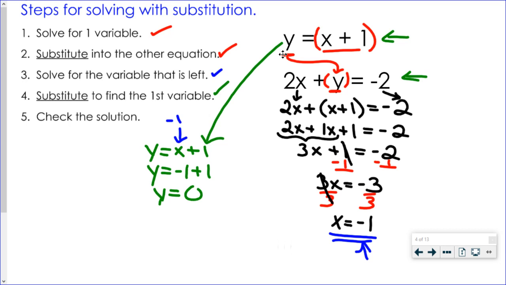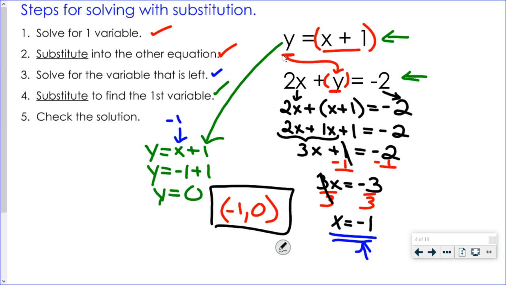Now, this isn't a step, but technically, now I have an x and I have a y. My answer is still an ordered pair. This is my answer, and remember that's an x and a y. Okay, so that's like where the two lines would cross on a graph, and then I want to just substitute x in and y in to my two equations up on top.